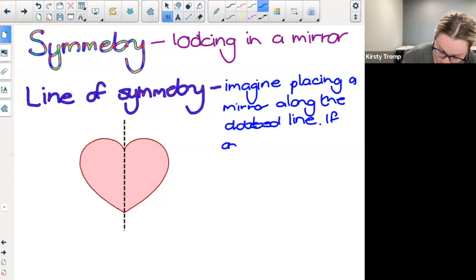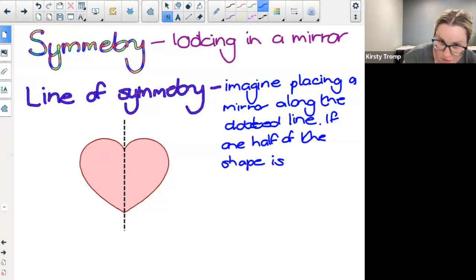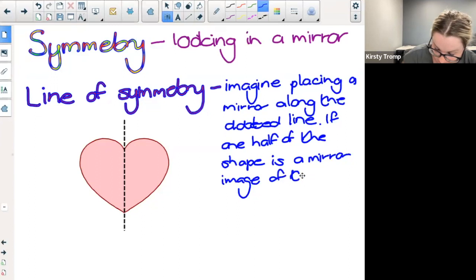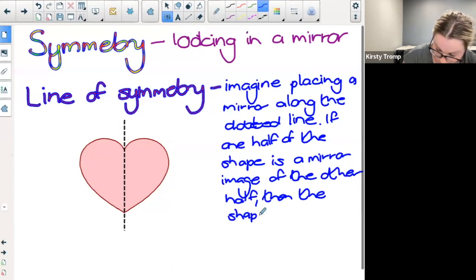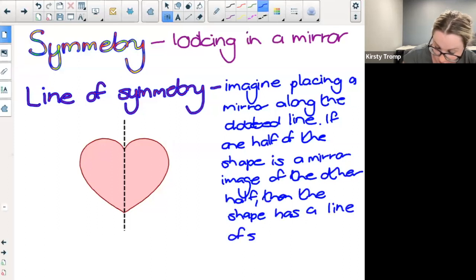If one half of the shape is a mirror image of the other half, then the shape has a line of symmetry.